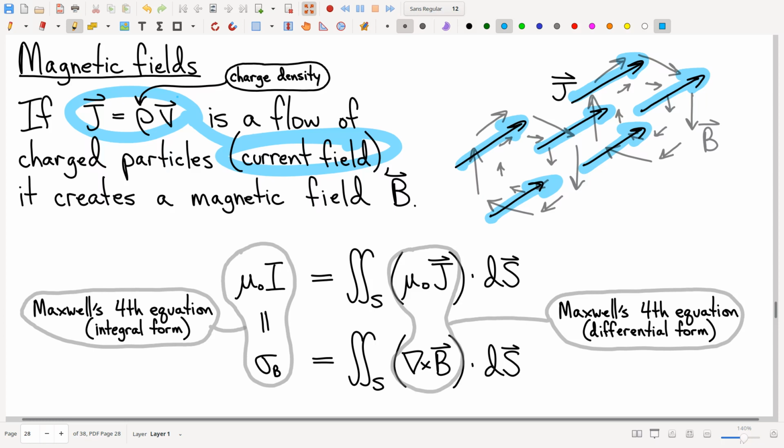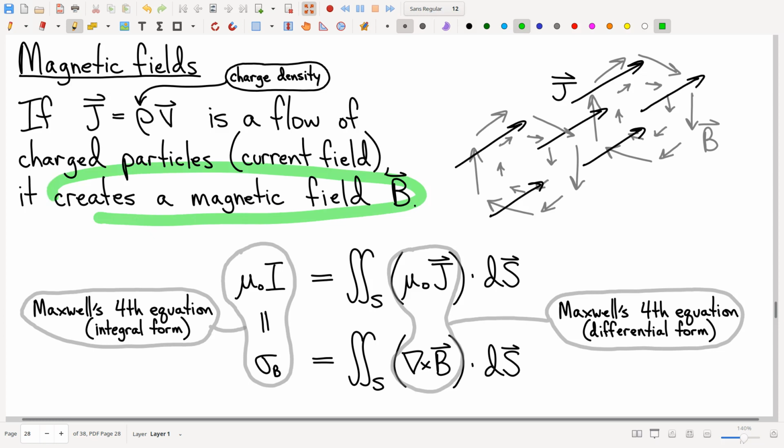And now here's a fact of the physical universe. I don't know why this is. I don't think anyone really knows why this is. This is just empirically observed. Apparently this is how our universe works. It is what it is. When you have a current, that creates a magnetic field.